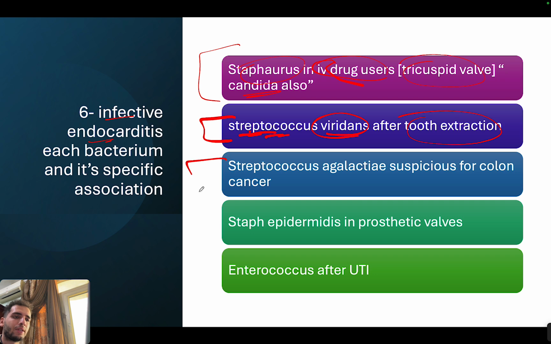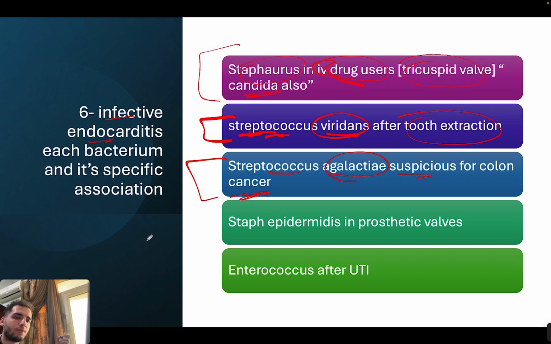The third bacteria is Streptococcus agalactiae, and this usually gives you suspicion for colon cancer. And this is important because how they will ask this question is that they will tell you a person is having an endocarditis from Streptococcus agalactiae. Then they will tell you what would be your next step of management if it's Step 2. The answer is you would do a colonoscopy, right?